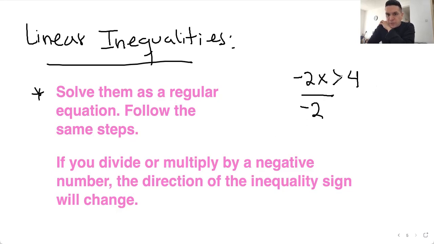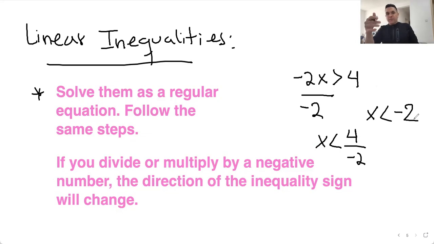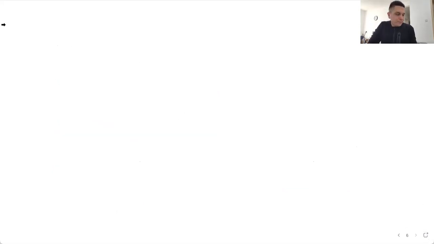So I'm going to have to change this. So it's going to be x being less than, instead of greater, less than 4 over negative 2. And then this simplifies to x being less than negative 2. All right, that's what I mean by the direction of the inequality changing, okay? That's the only thing you have to keep in mind. And everything else you can just do as a regular equation, all right? So let's do some examples.